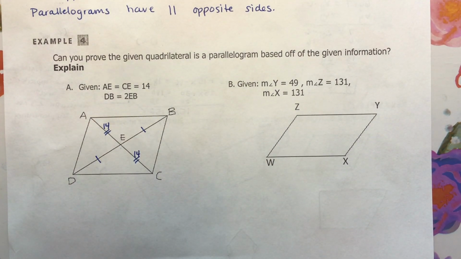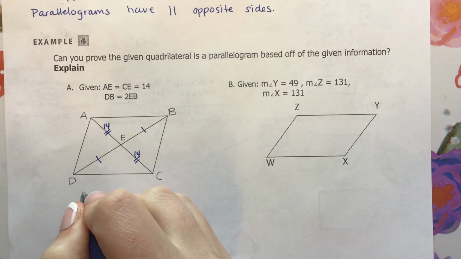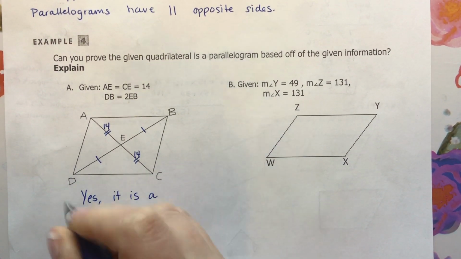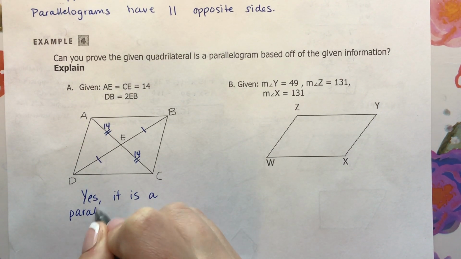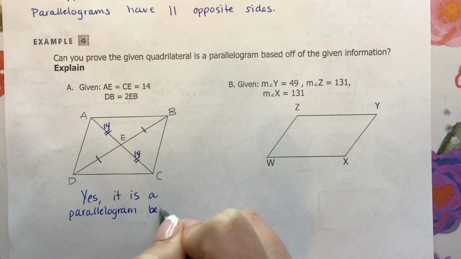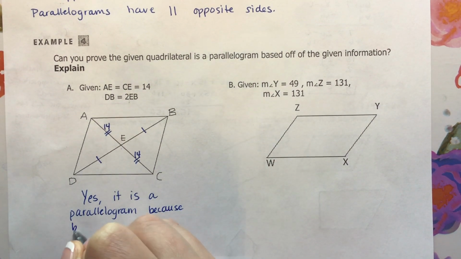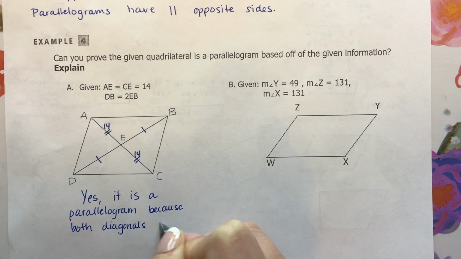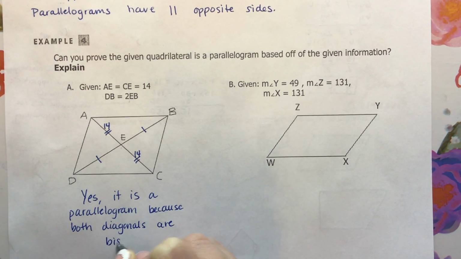Because I have both diagonals now being bisected, I would be able to say, yes, this is a parallelogram because both diagonals are bisected. So yes, it is a parallelogram, because both diagonals are bisected.